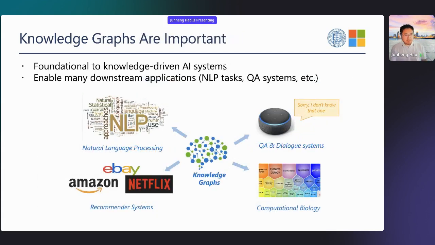In academia, it's well connected to natural language processing tasks like QA or conversational AI. Also, it can be connected to computational biology, using existing medical knowledge to help propose new drugs or other treatments. In more industrial scenarios, for e-commerce, as I mentioned before, the knowledge graph can also be used for personalized recommendation and many others.